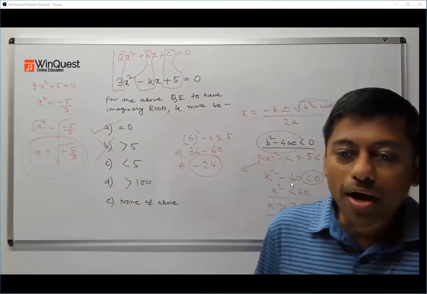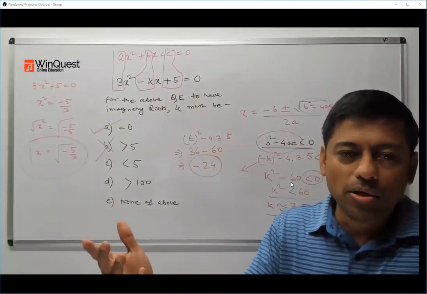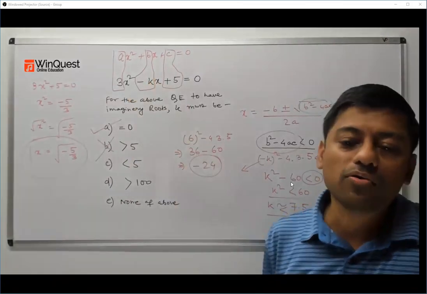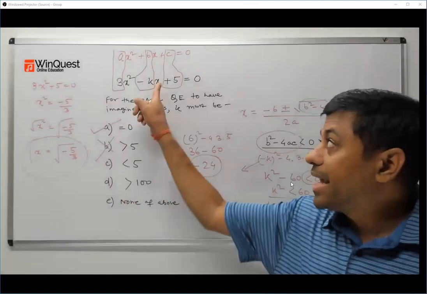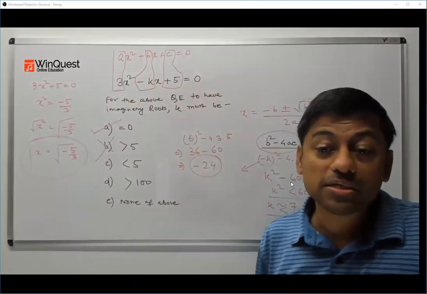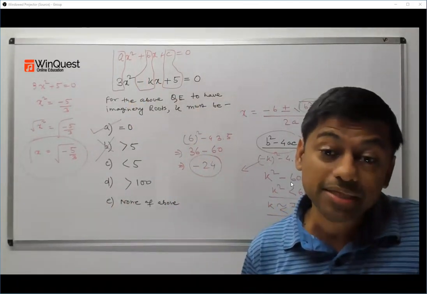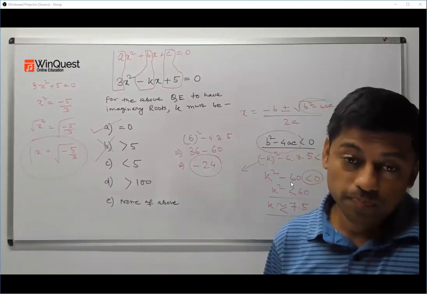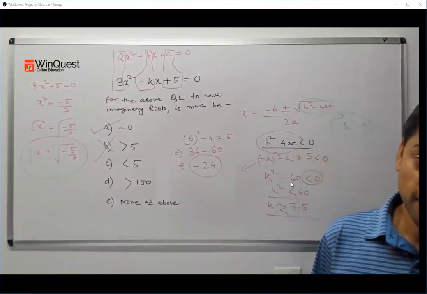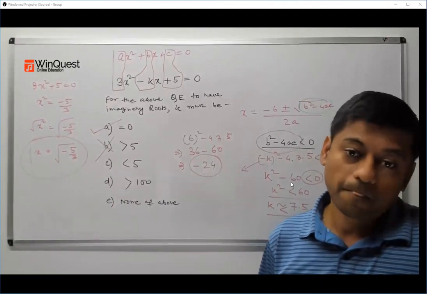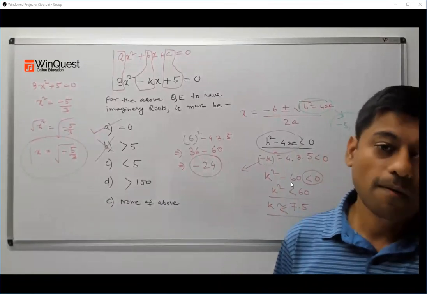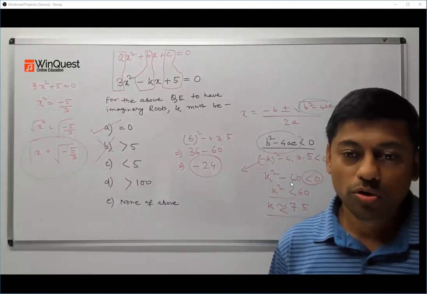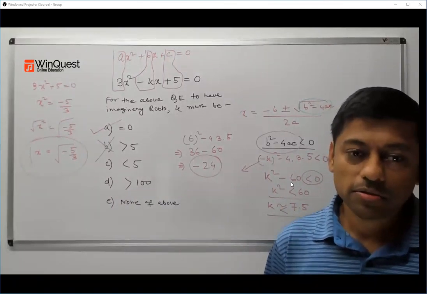So I will try the value k equals -6. But please note, once you put k equals -6, this entire equation becomes a positive 6x. So b is technically becoming a positive value. How many of you are agreeing with that? I agree. Okay. So 5 will work. -5 will work.